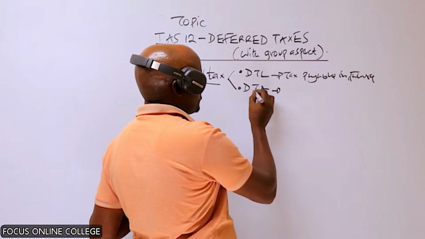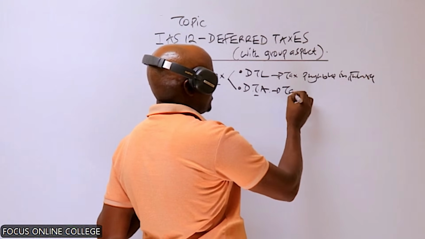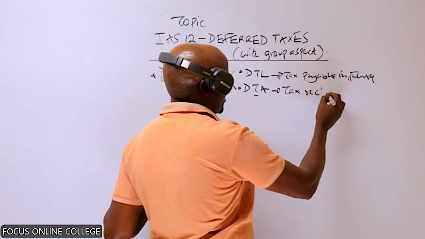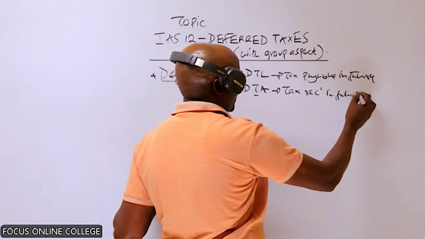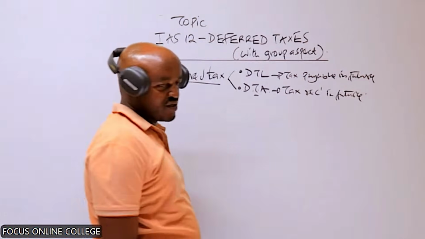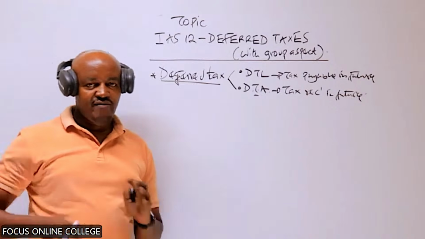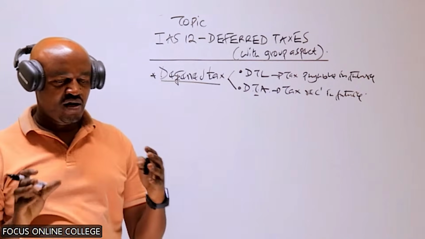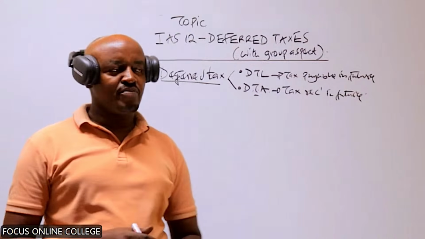On the other hand, a deferred tax asset is the tax which is recoverable in the future. It is a tax recoverable in the future.